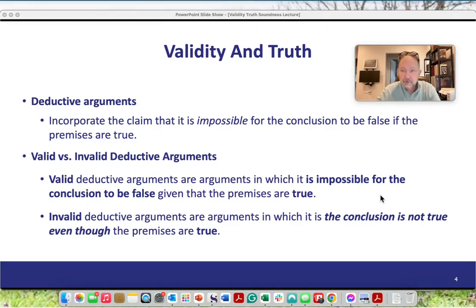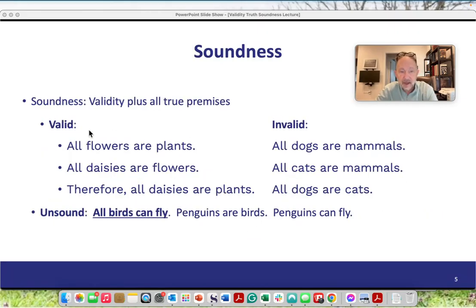It's absolutely true, the conclusion, if the premises are true. An invalid deductive argument is one in which the conclusion is not true, even though the premises are. And you'll see how that happens in just a moment. Sounds a little counterintuitive when you first come across it, but it's not.